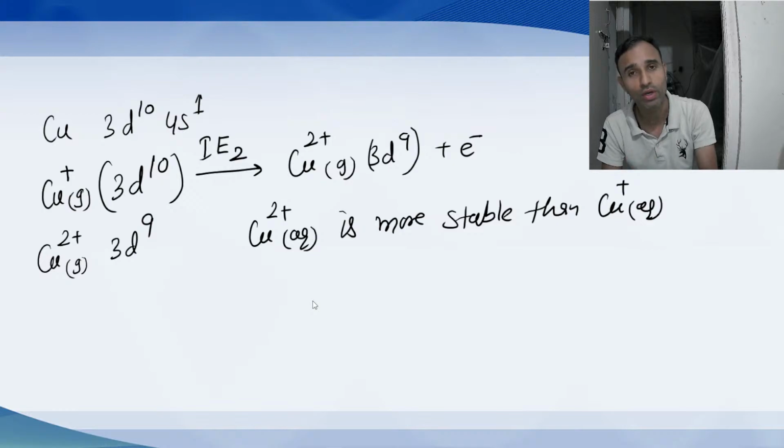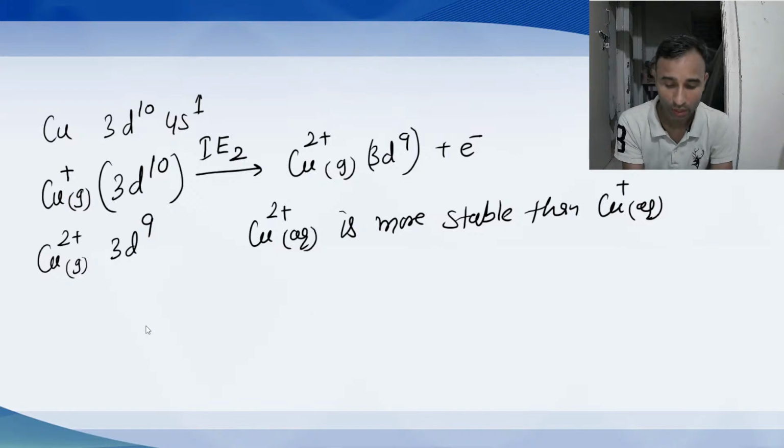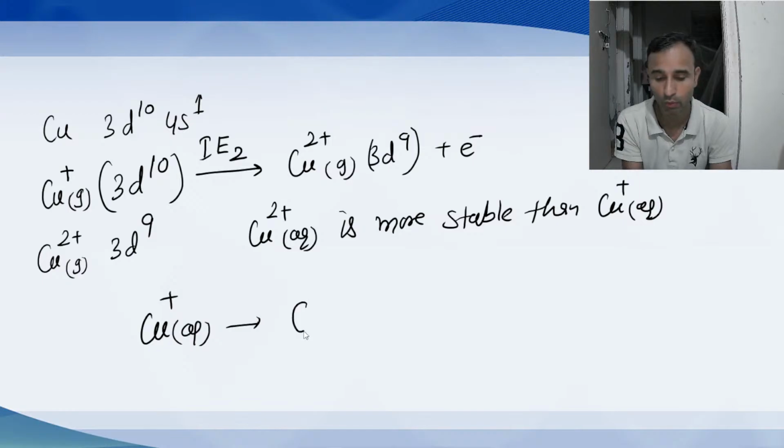Hydration energy is more than the second ionization enthalpy of copper, and that's why overall energy is released. That means overall it becomes stable. So what we write is, it is due to the high hydration enthalpy of copper 2 plus ion, and that's why copper 1 plus aqueous undergoes disproportionation.